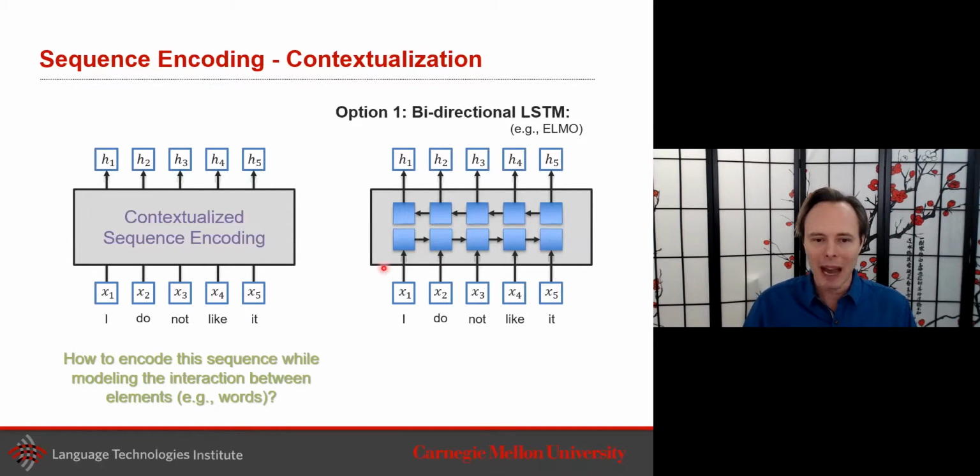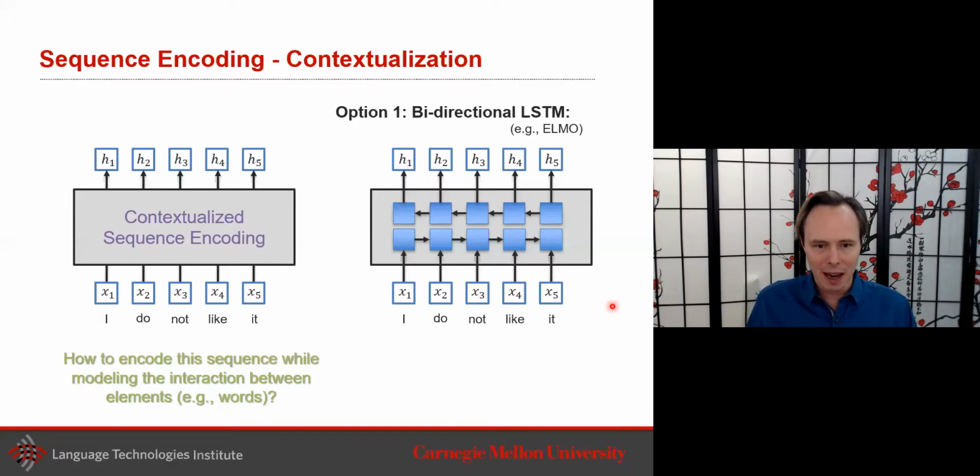You could imagine using an LSTM or a recurrent neural network to contextualize one way and then contextualize the other way. That will give you a new version of these embeddings that hopefully integrate information from the other words. ELMo is an example, and we had already discussed it.